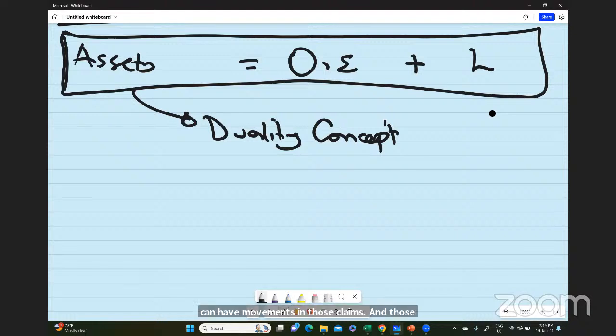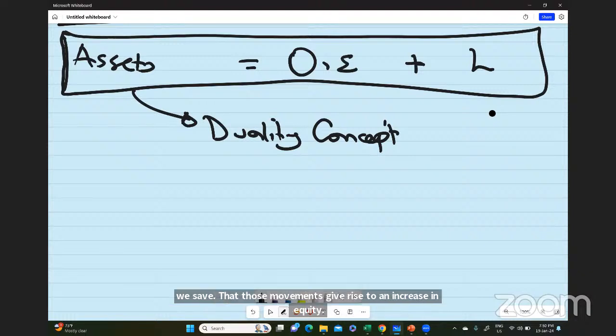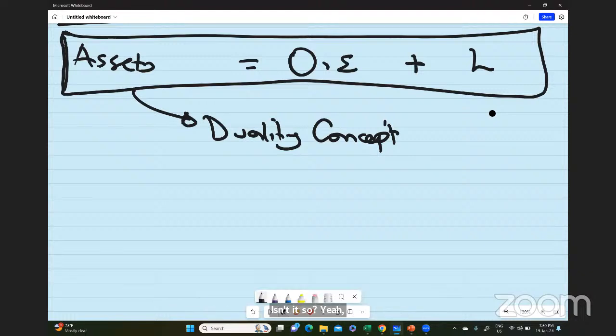When we explained the definition of an income and an expense, we said that for an income, those movements give rise to an increase in equity. Yet for an expense, those movements give rise to a reduction in equity. An income increases equity other than contributions from the owners.